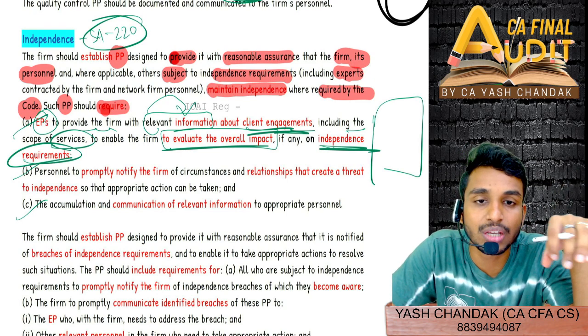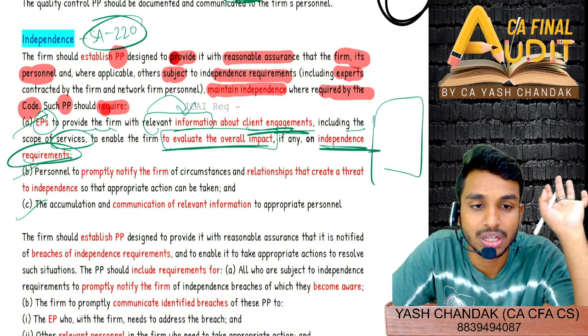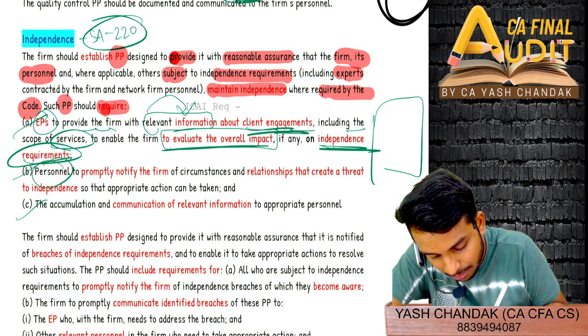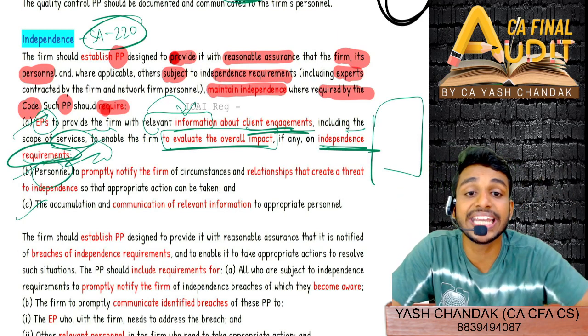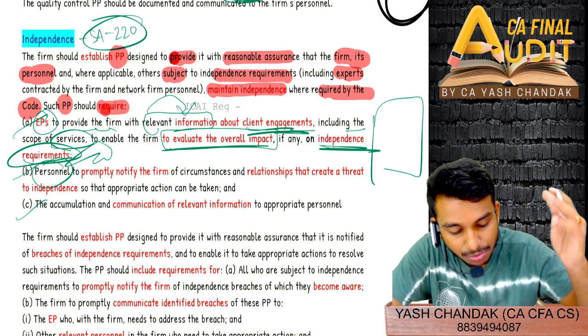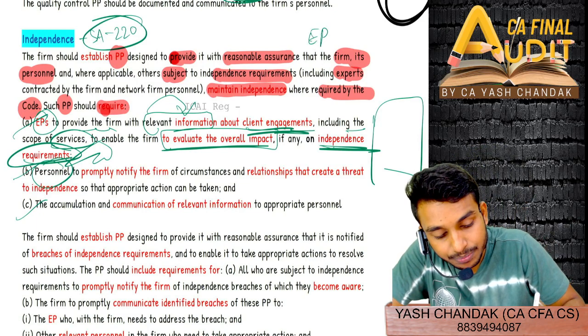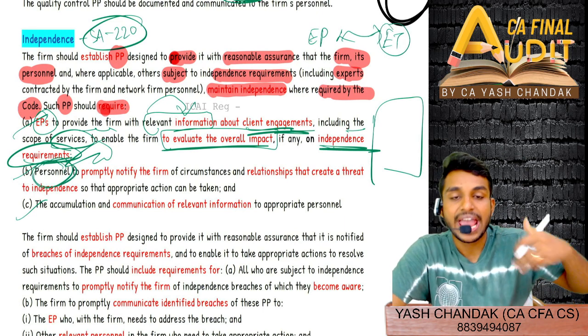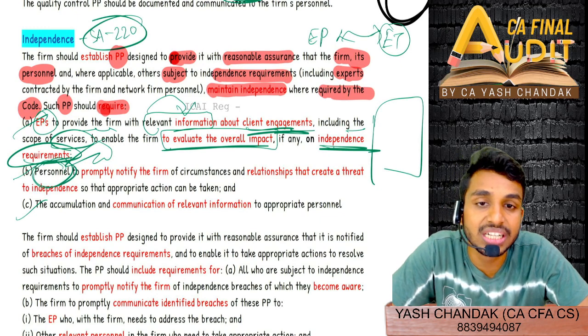The engagement partner will be providing all the relevant information with respect to the client. Secondly, personnel here means not the engagement partner but the engagement team. There are two sets of persons involved here: the engagement partner and the engagement team. The engagement team is our personnel or staff, and the engagement partner is the in-charge leader.